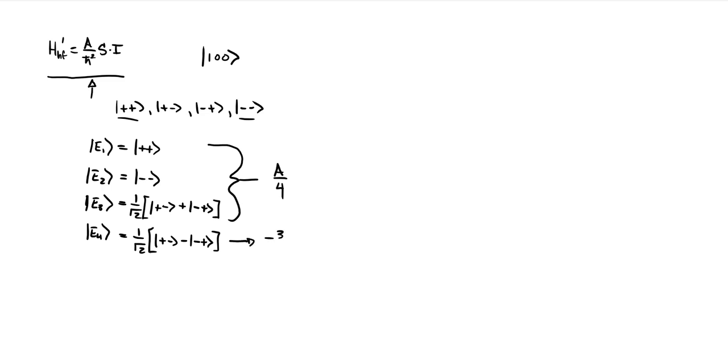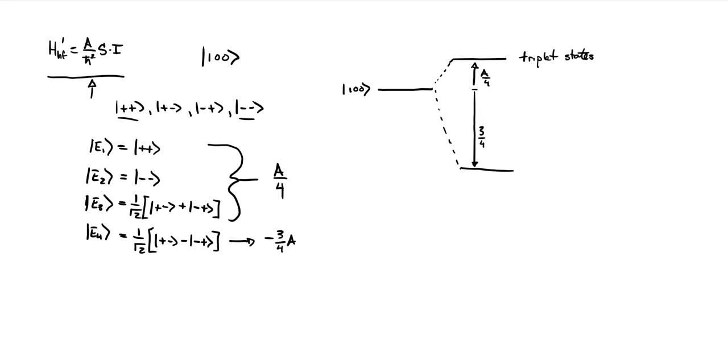And this one was shifted down in energy by 3/4 A. So in terms of energy, our 1, 0, 0 ground state of hydrogen, when we include that hyperfine perturbation, split: three of them went up in energy by A over 4, and those were these three triplet states, and the singlet state dropped down by 3 over 4 A. So the total splitting of those energies was just A, and this was what we would call the singlet state, because there's just one of them. It's off by itself. And this is what our analysis showed.